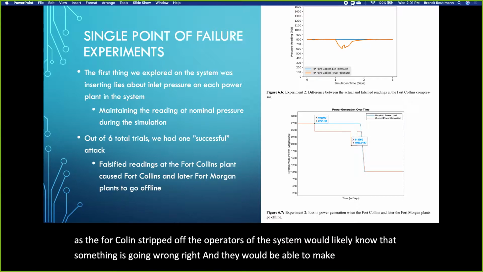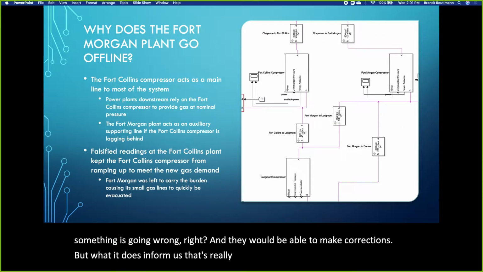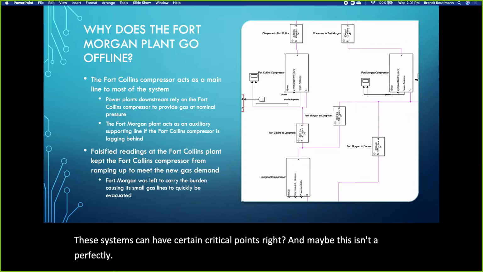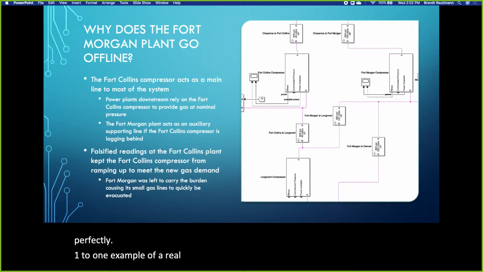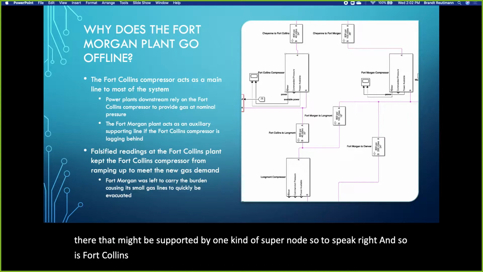But what it does inform us that's really useful is that these systems can have certain critical points, right? Maybe this isn't a perfectly one-to-one example of a real system, but there are SCADA systems and ICS systems out there that might be supported by one super node, so to speak. This Fort Collins compressor is pretty critical in the system in the sense that if it goes down, it's going to bring other things with it.